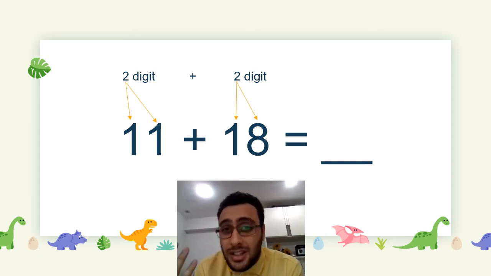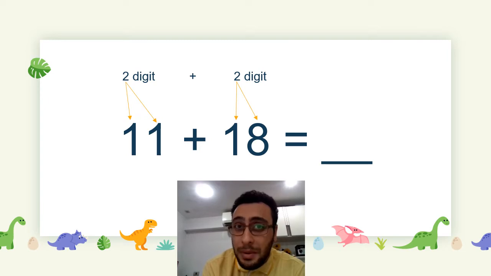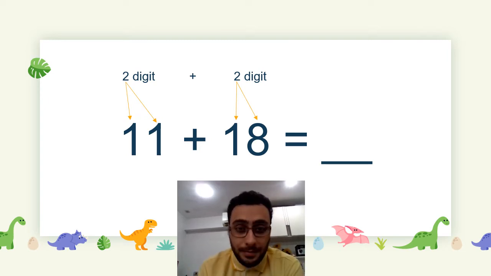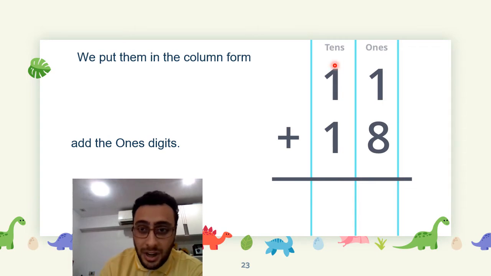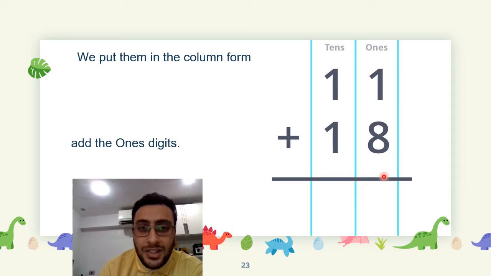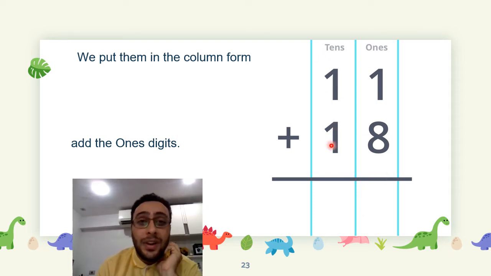Now, if you can do this in your head, good job. But sometimes it's hard. So what do we do? Remember? We put them in the column form. We put ones in the ones section and tens in the tens section. So 11 is made of 1 one and 1 ten. Very easy. 18 is made of 8 ones and 1 ten.